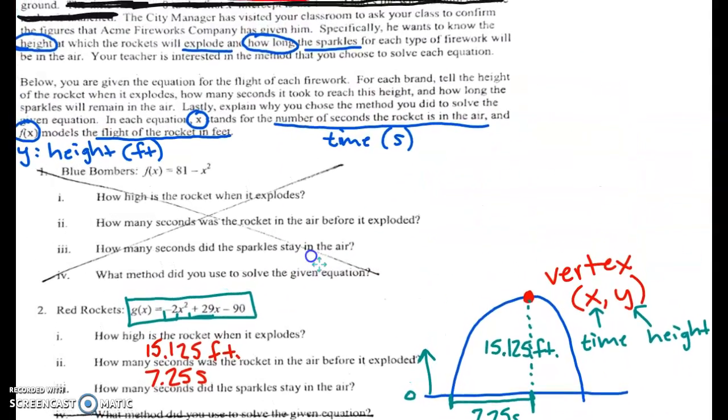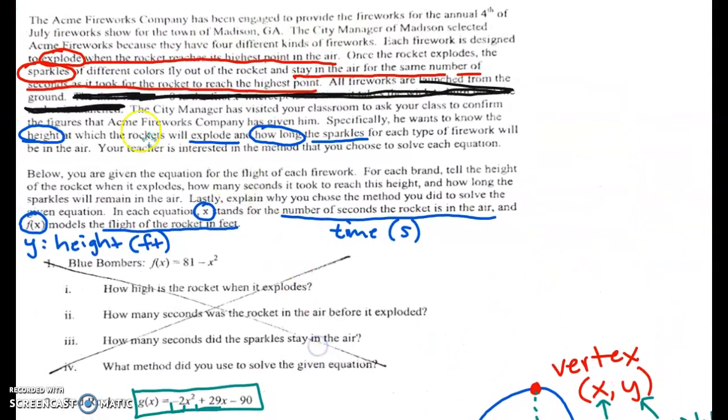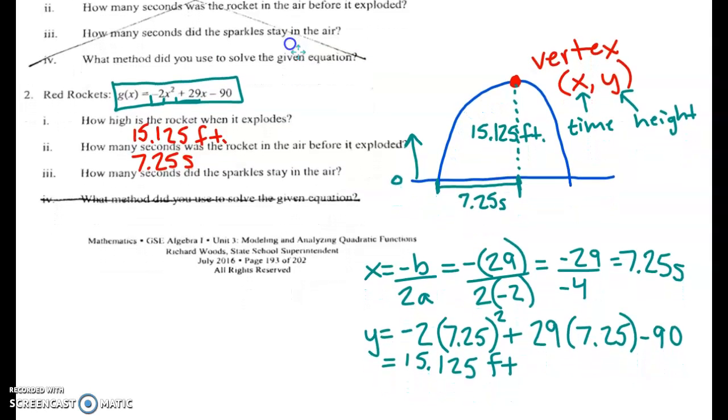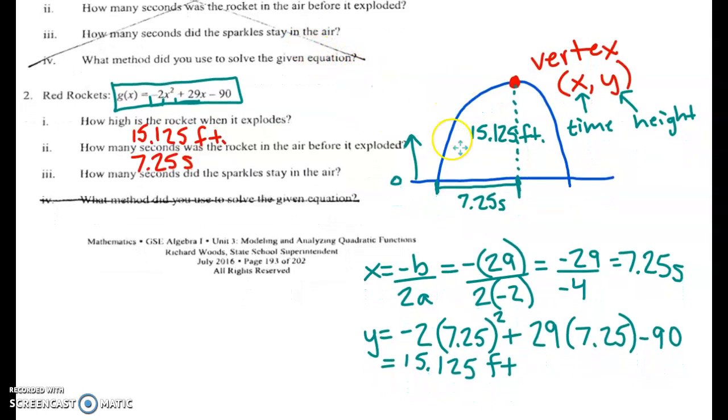Okay, so do you remember up here it talked about the sparkles? It said the sparkles stay in the air for the same number of seconds as it took for the rocket to reach the highest point. So if we're thinking of our scenario, the time from the beginning all the way to when the firework exploded took 7.25 seconds.